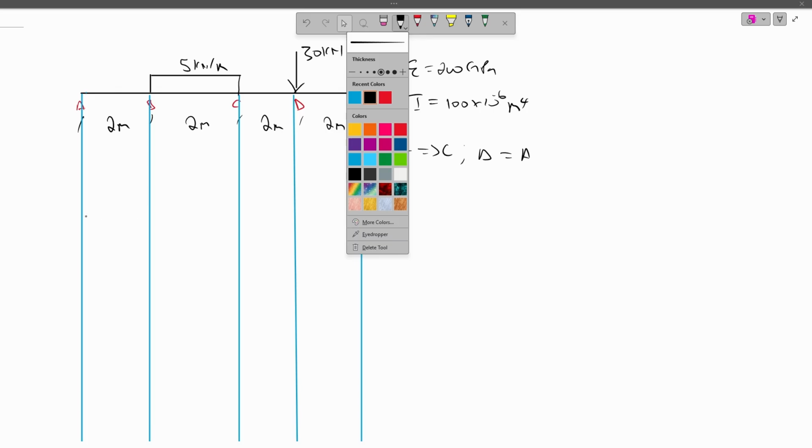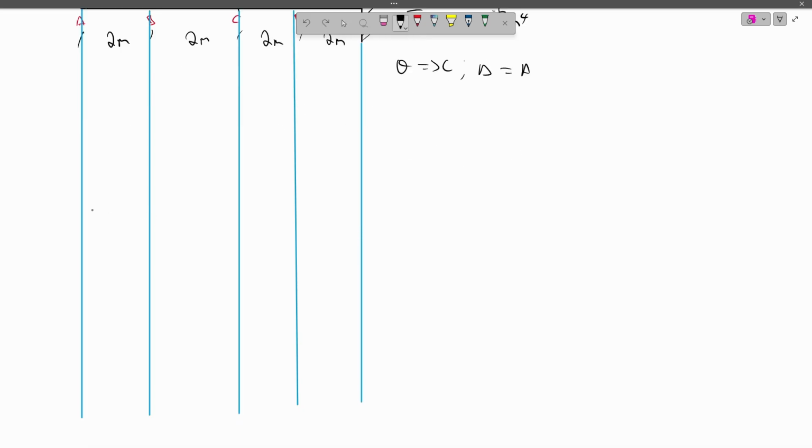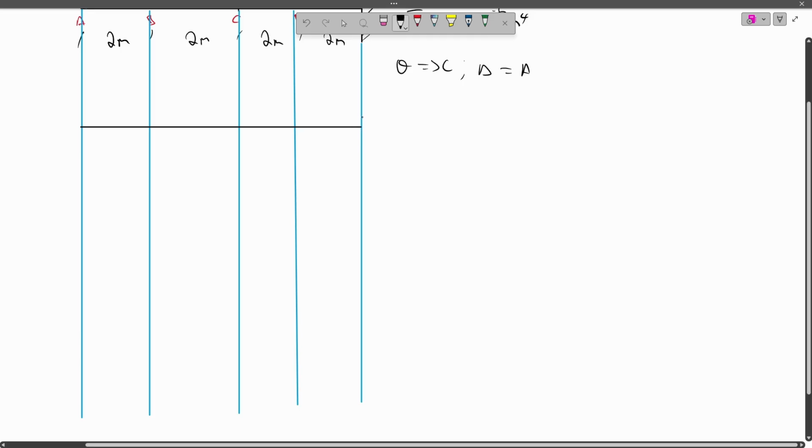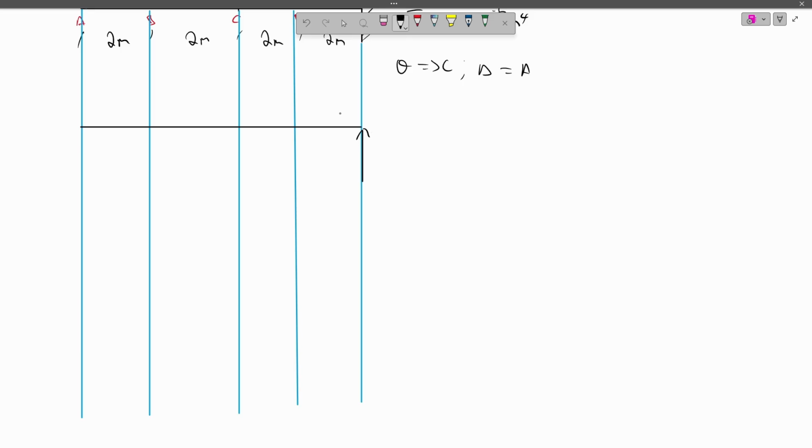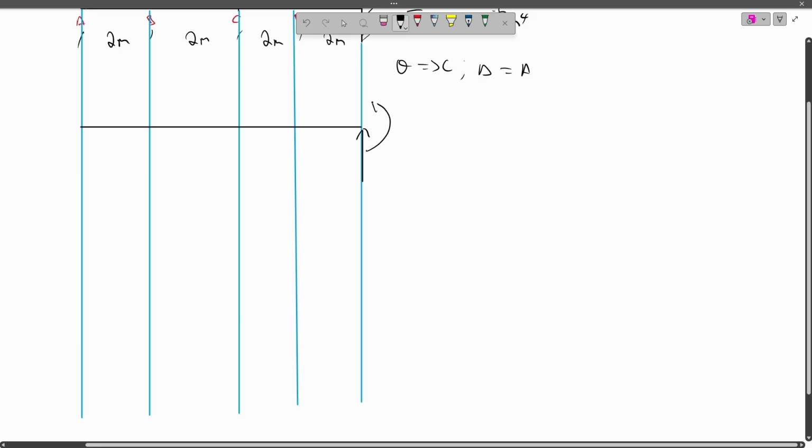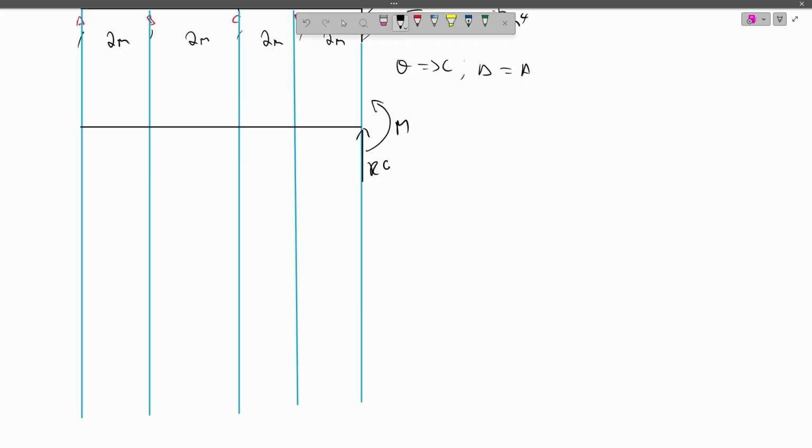We'll have the beam where it's simply supported, which will have a reaction as well as a moment, RE and ME.